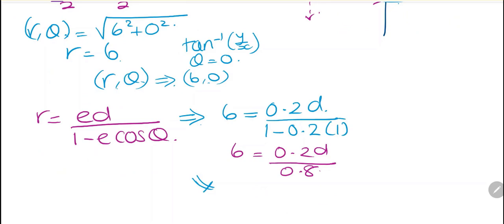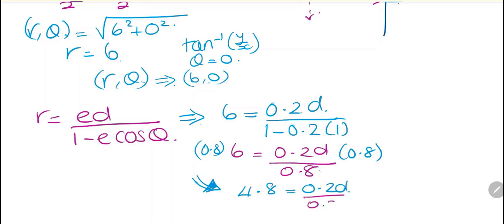Okay, so our next step, we're going to multiply both sides by 0.8. So we will have 6 times 0.8, which is 4.8, equal to 0.2 d. So now we're going to divide both sides by 0.2.